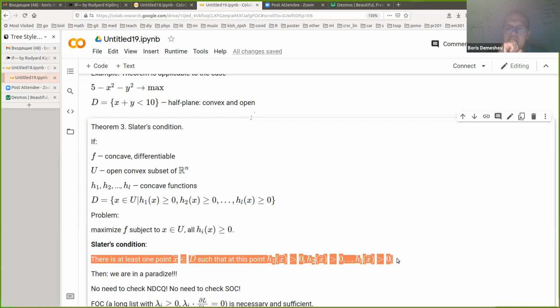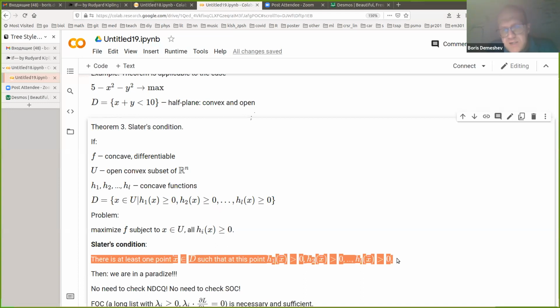When you look at some examples, you really see why it's needed in this theorem.